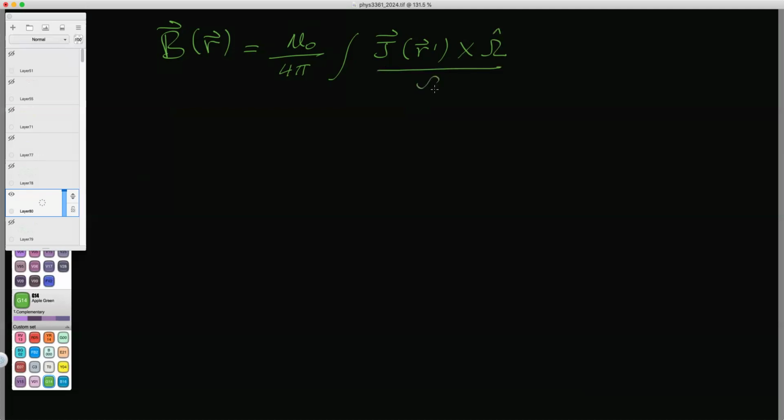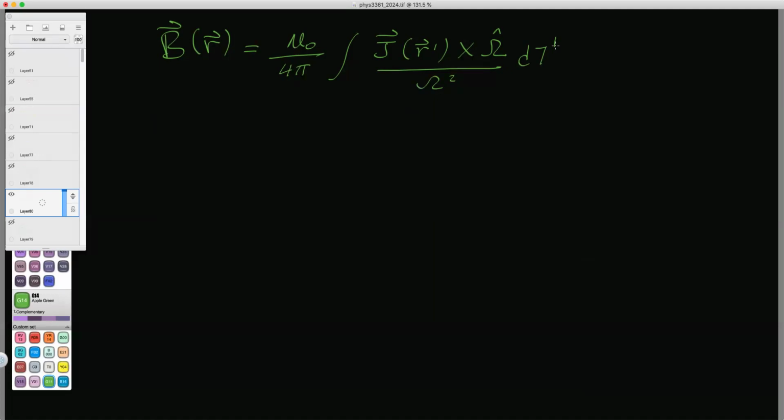Let's start with the most general form of B, which is the Biot-Savart law. And we're starting with the most general current density, which is the volume current density. Remember that we're integrating over the prime coordinates.